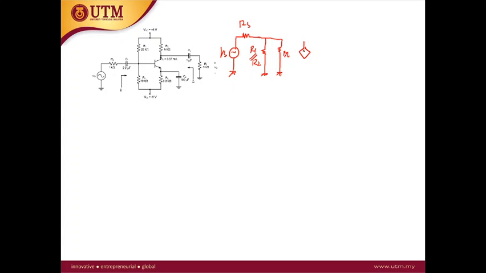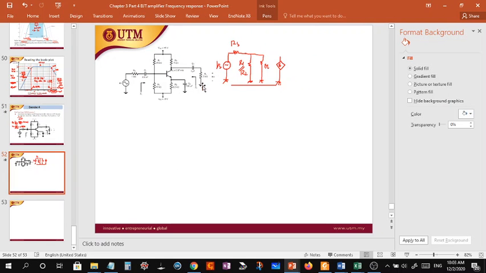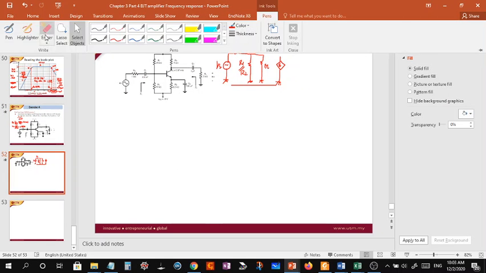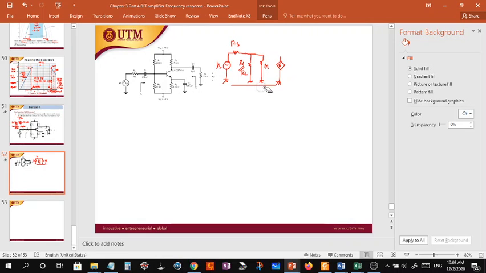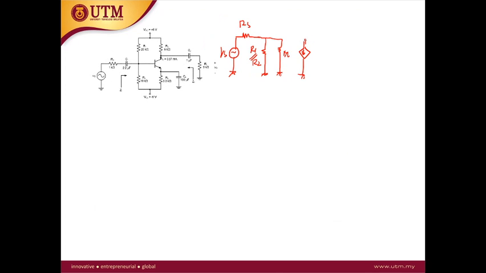At the collector, we have the current source, and the collector is connected to RC and RL.